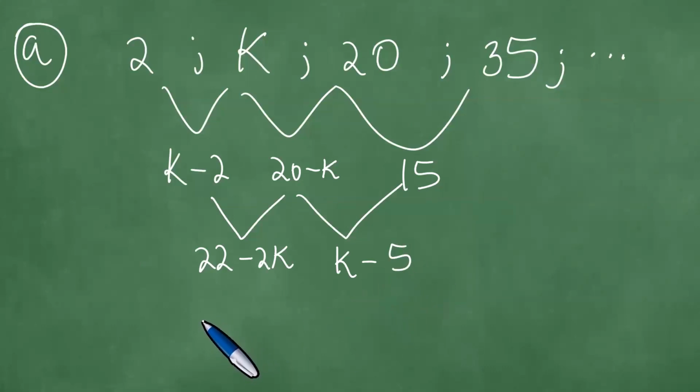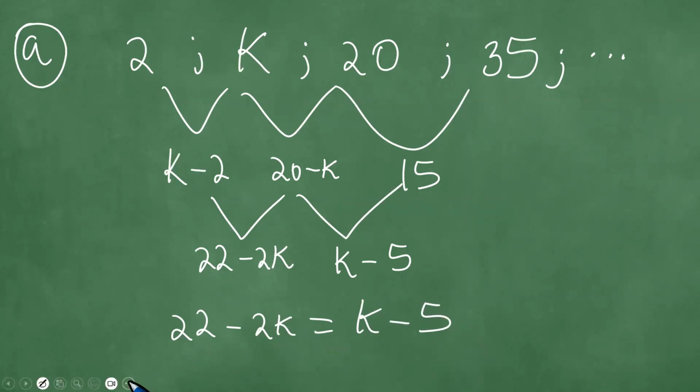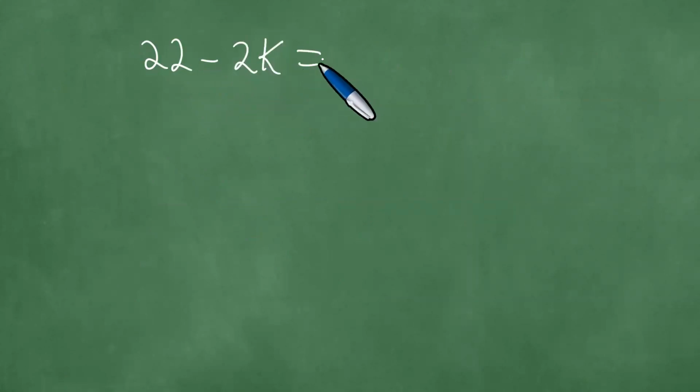Okay, because this is a quadratic sequence, this term must be equal to this. So in other words, 22 minus 2k must be k minus 5, which means that 22 minus 2k is equal to k minus 5.